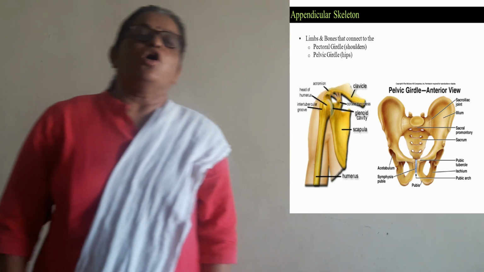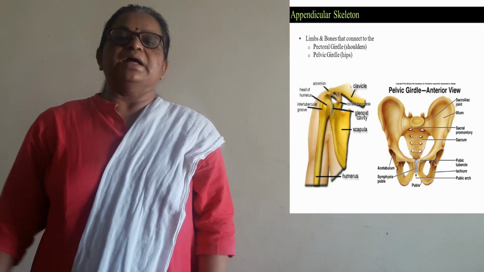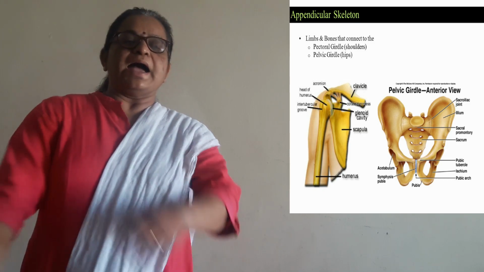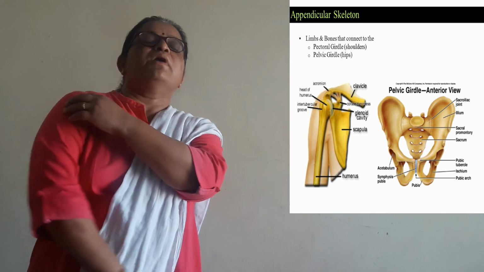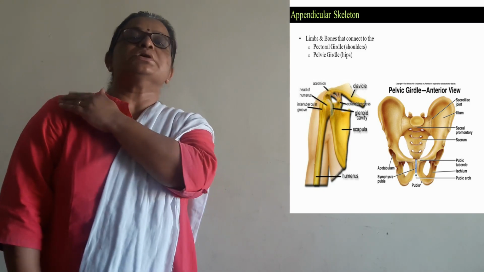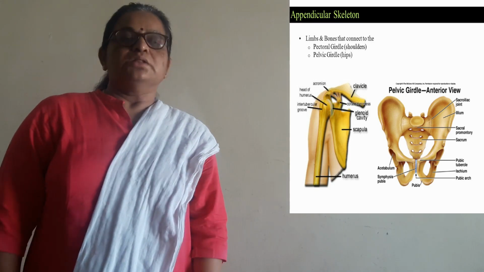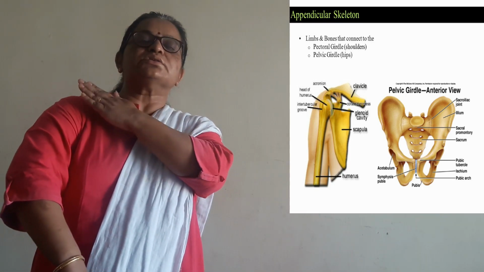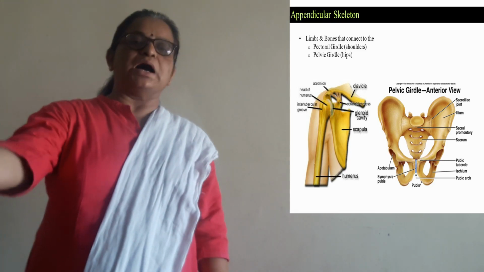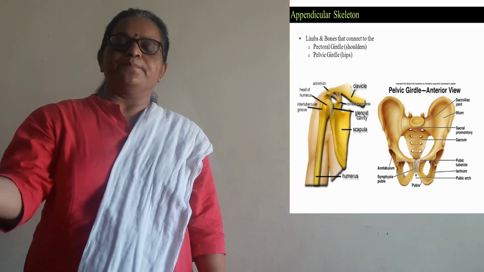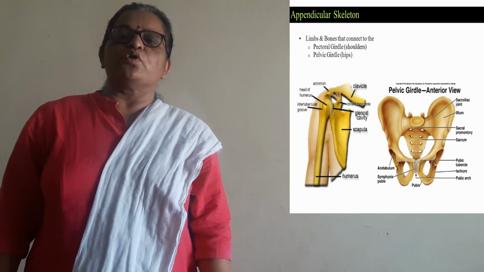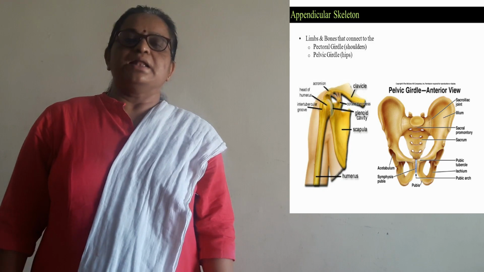The femur of our leg is attached to pelvic girdle, and the humerus of hand or arm is attached to the pectoral girdle. The pectoral girdle gives support and provides mobility to our hand or arm, and pelvic girdle supports and provides mobility to our legs.